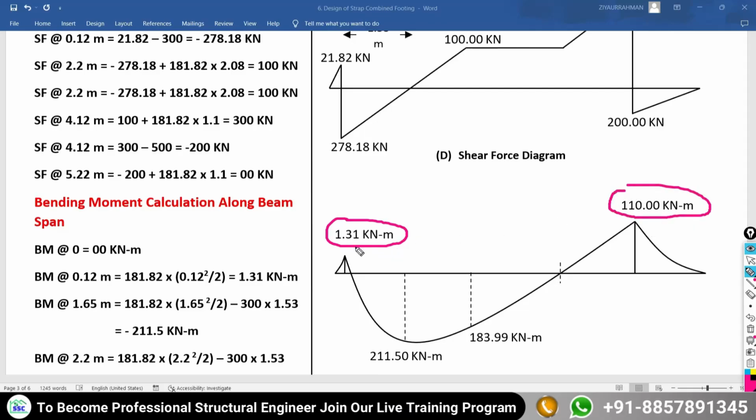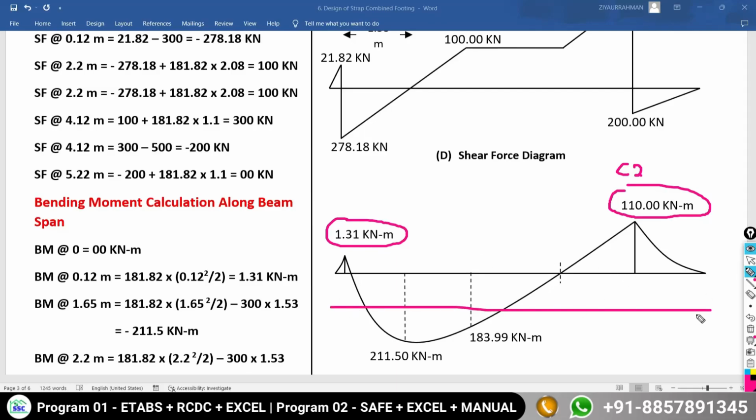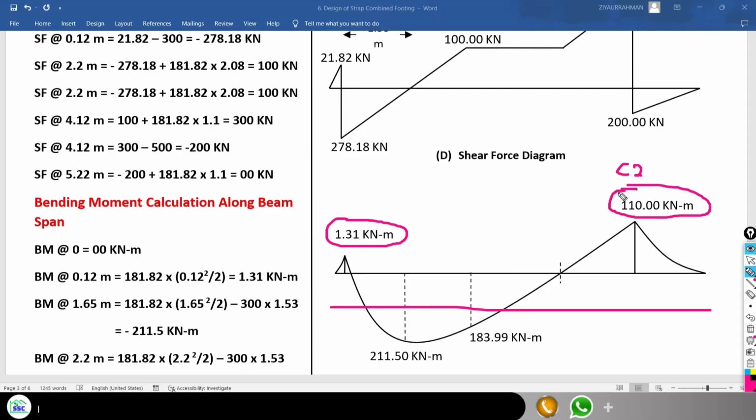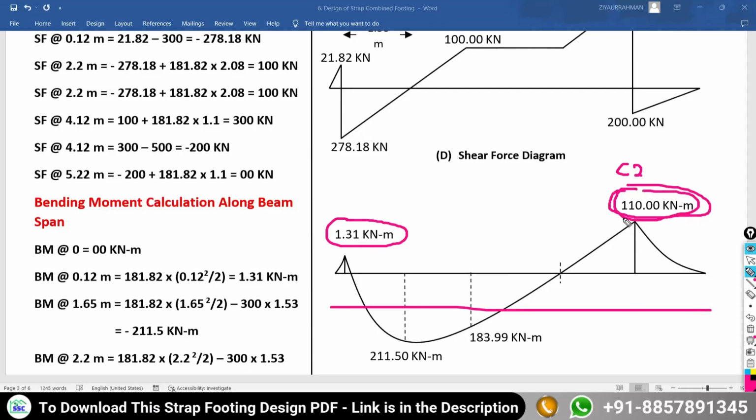So amongst these two columns, we are going to consider the maximum bending moment column. Here the maximum bending moment column is C2. So we are going to do the calculation under the column C2 and consider it for the full span at the bottom face. Whatever reinforcement is required for this moment, we are going to provide that reinforcement for the full span at the bottom face of the beam.